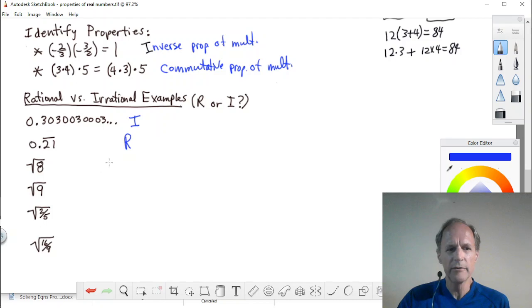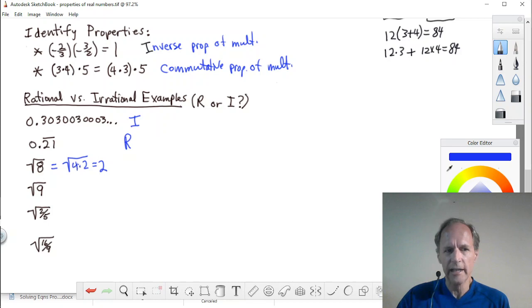The square root of 8. Now what we would do with that is simplify it as much as we can to see if it comes out to a rational or irrational number. So if you remember how to do this, you can write that as the square root of 4 times 2 inside the radical, and then you can take the square root of 4, which is 2.